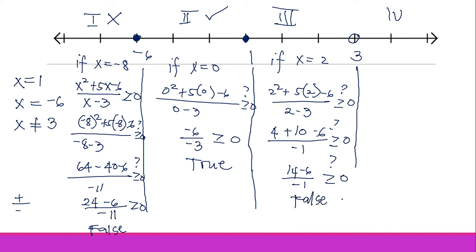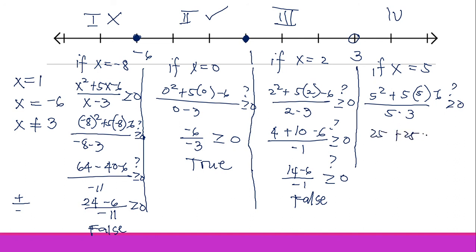Let's move on to region 4 and get a number here. Let's say x is equal to 5. We do 5 squared plus 5 times 5 minus 6 over 5 minus 3. Will that be greater than or equal to 0? 5 squared is 25. 5 times 5 is 25, minus 6 over 5 minus 3 which is 2. 25 plus 25 is 50, minus 6 over 2.